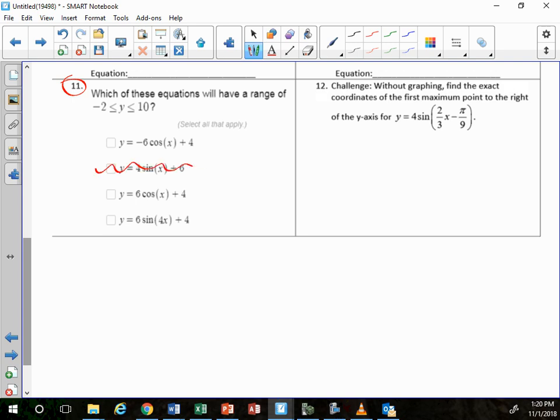So I can get rid of this one. Now, if we are going -2 to 10, amplitude of 6, where does that put your midline? 4. Do all of those have a midline of 4? Yes, all 3 of them. Doesn't matter if it's negative or positive in front, whether it's flipped or not, that range would still be the same. Okay?